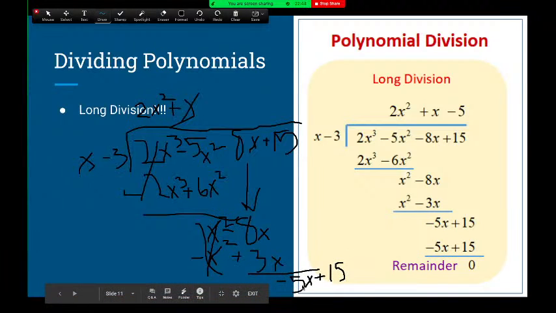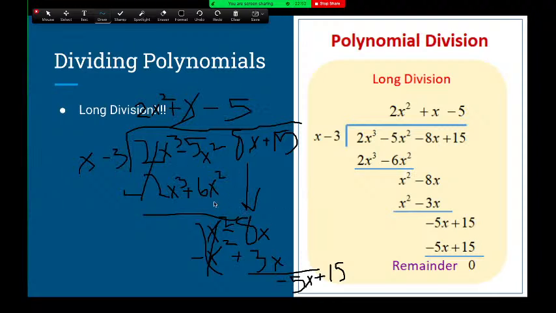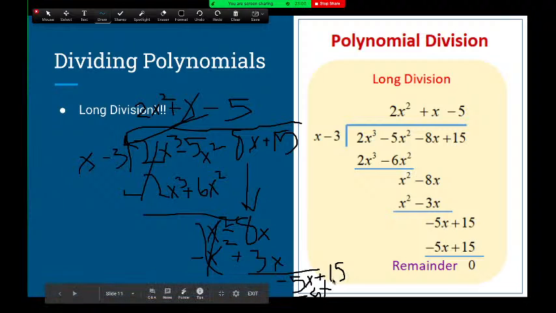And to get negative 5x, you have to multiply x times negative 5. So you have negative 5 on top. Negative 5 times x is negative 5x, and negative 5 times negative 3 is obviously positive 15.